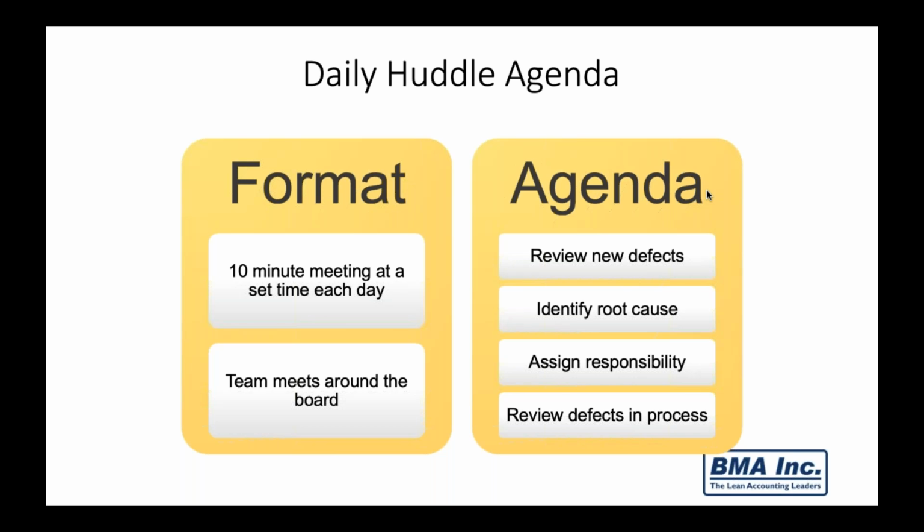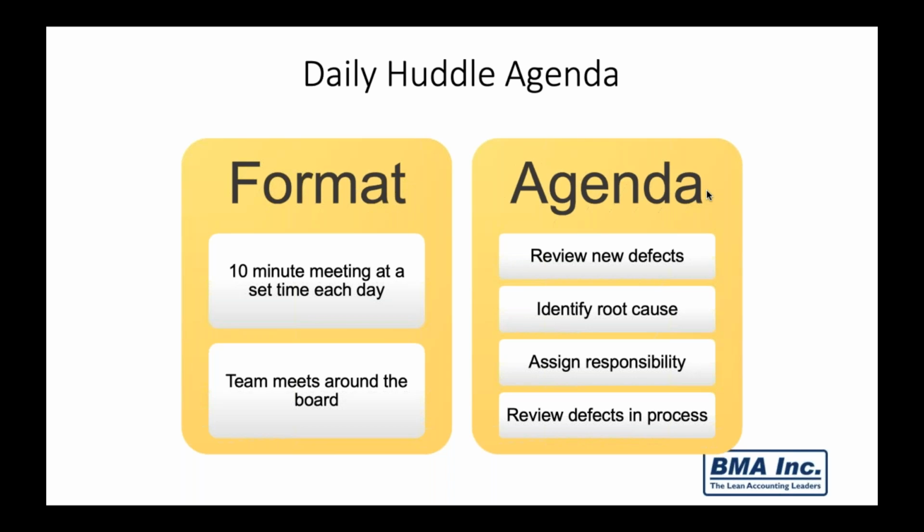It's important to do the daily huddle because of the communication and discussion. Remember, this is a learning process, and problems get solved by people thinking and talking and helping each other out. So you can't do that sitting at a desk and sending an email. This is about using brain power and learning about things together.